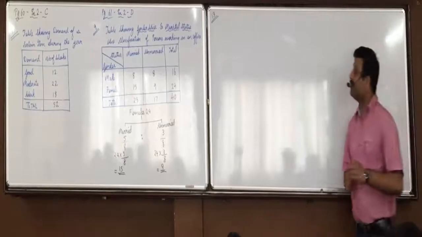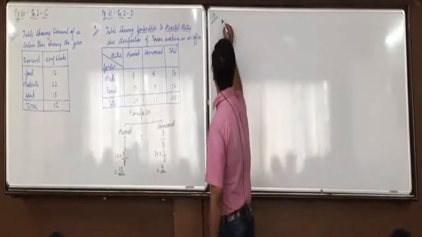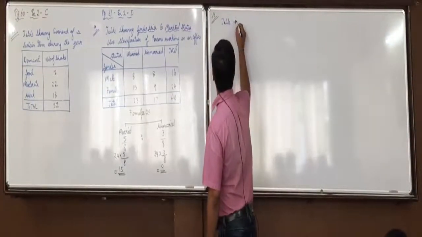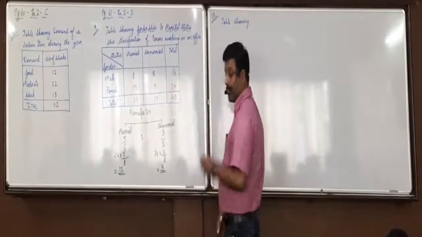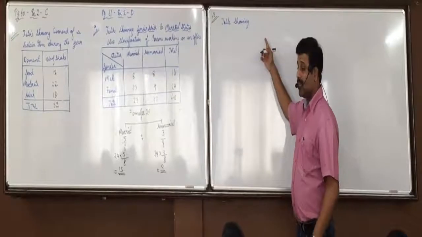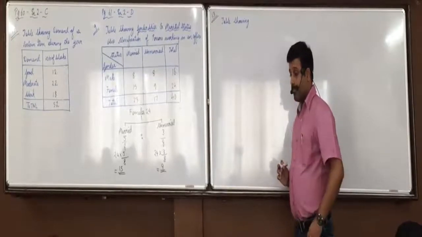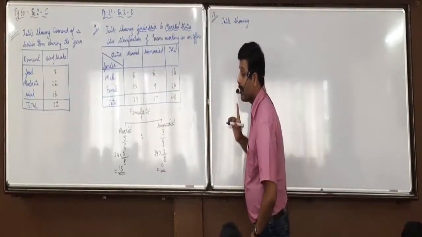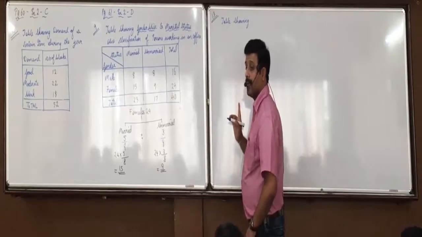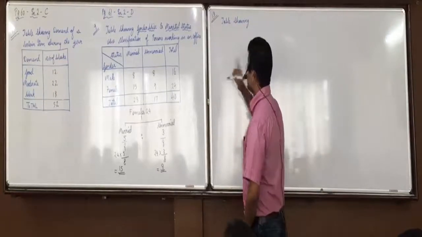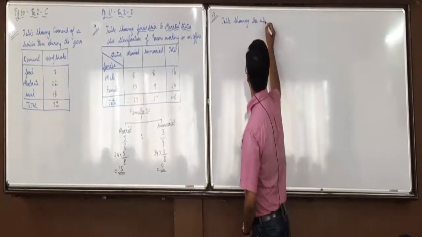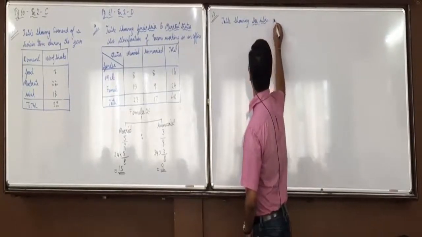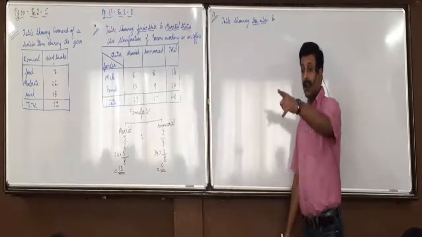So write down table showing. Rima, what will we write, table showing? Use wise. Or we write use wise. And Kushbu?